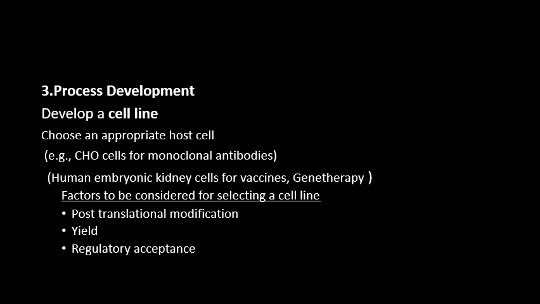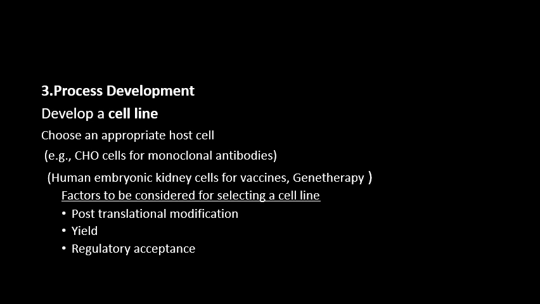And factors to be considered is, like I said, post-translational modification is really important. If your cell line is capable of producing molecules that can undergo post-translational modification, because post-translational modification does play a role in the efficacy of your biosimilar. So that is important. You should choose a cell line that is able to produce biologics which can undergo post-translational modification.